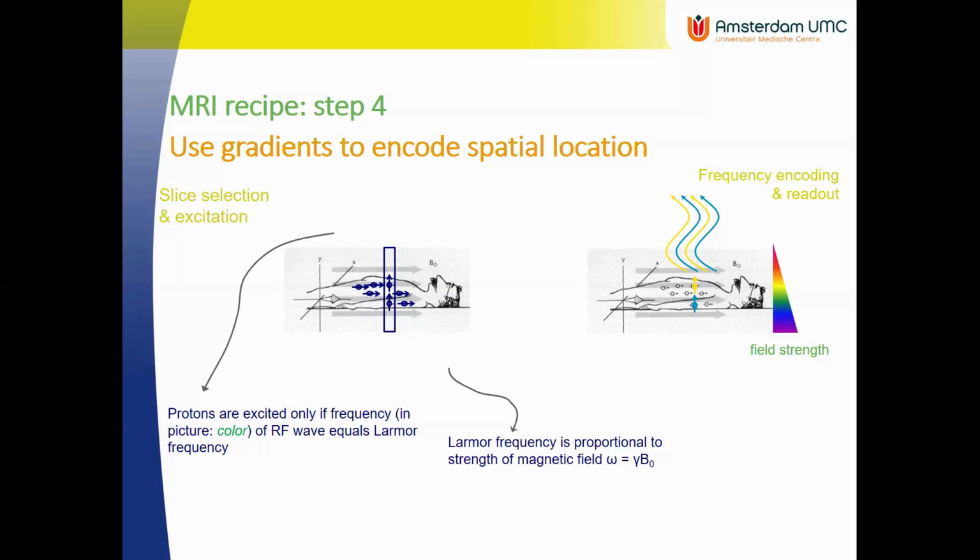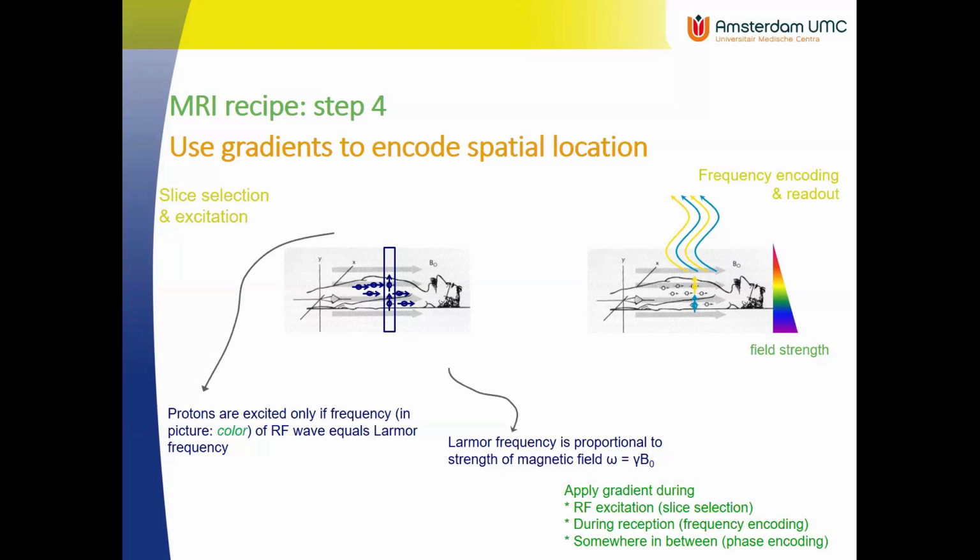Compared to the static field strength of, let's say, 3 Tesla, you can have a gradient field of, for example, 100 millitesla per meter. That is way less strong, but it's still enough to make the different frequencies detectable.